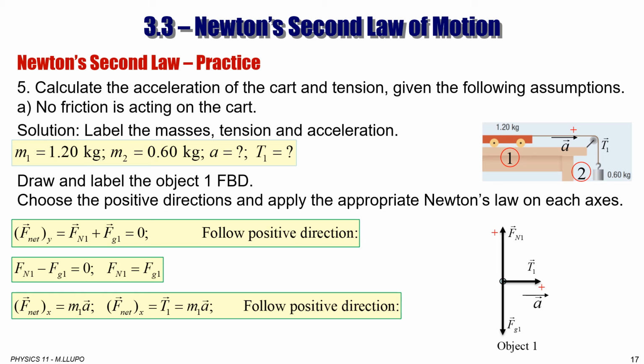We can follow the positive direction: T1 is positive and acceleration is positive as well. So we can write equation number 1 as T1 is equal to m1a. So plus T1 is equal to plus m1a.